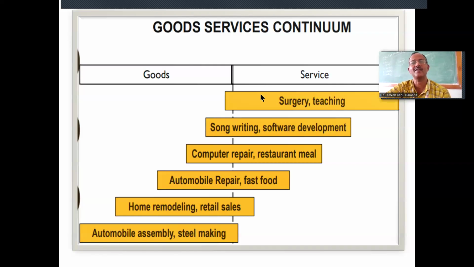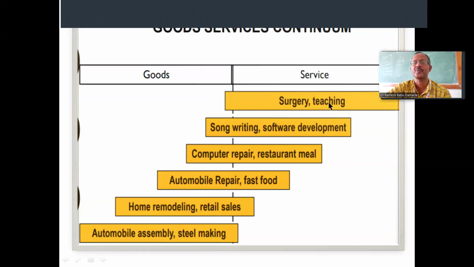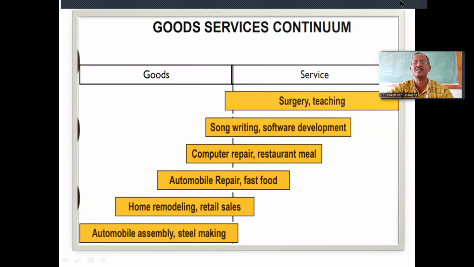And the highest level of the goods-service continuum is almost pure service, more than 90%. A surgery in a hospital, where you definitely see the doctor's skill. Maybe a few tools are used, like surgery tools, robot assistants, scissors, knives, blades, surgical items, pathological items, right? The surgery room is maintained properly with hygiene.